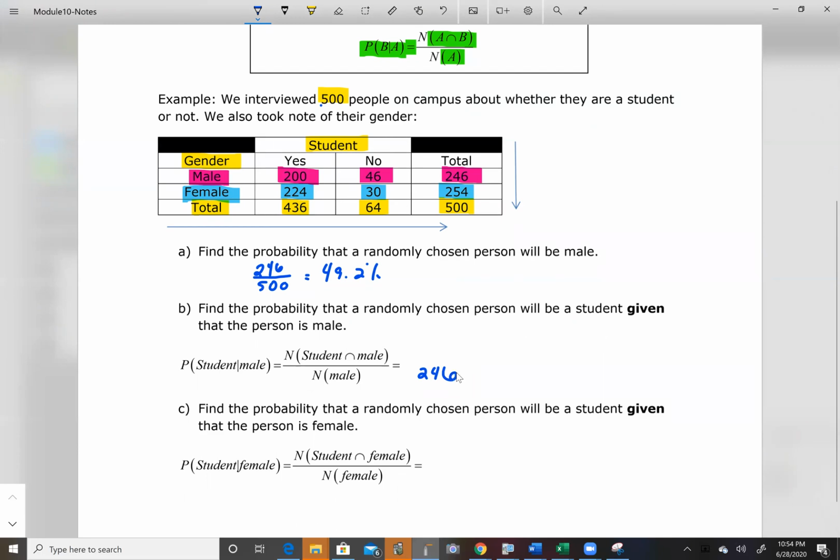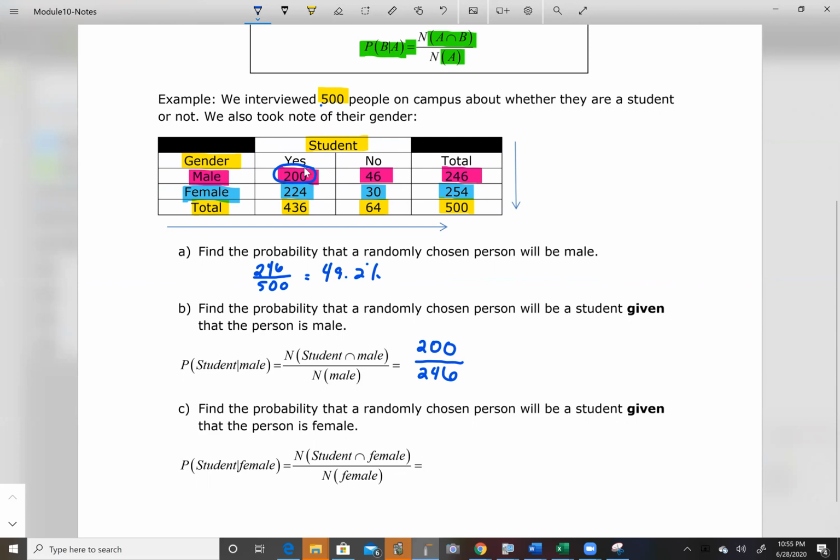It's written backwards, it's written given that they're male. We already know they're male, so that's going to be our denominator. Then the numerator is going to be the probability that it is a student and also male, and that's going to be 200. So that's going to be this box, I'm circling it.